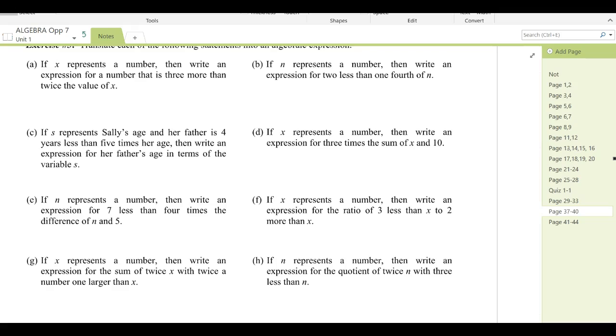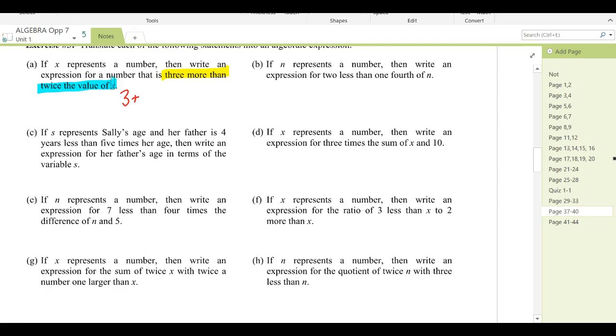Okay, letter A. If x represents a number, write an expression for a number that is 3 more than twice the value of x. So now we're getting into more than one operation. How do I do 3 more than? More than is plus. How do I do twice the value of x?